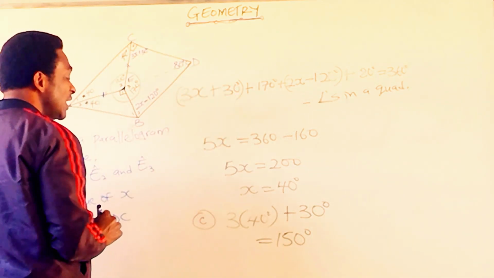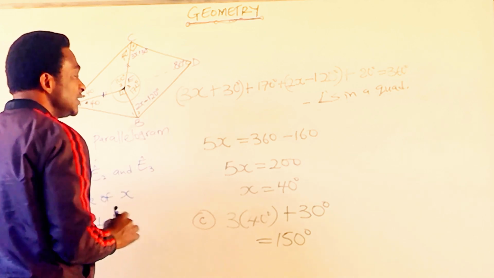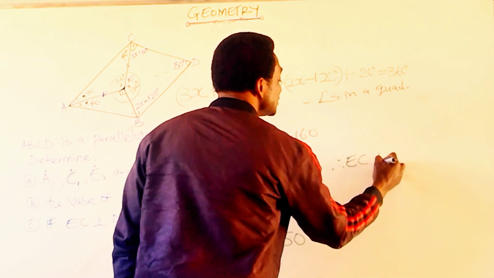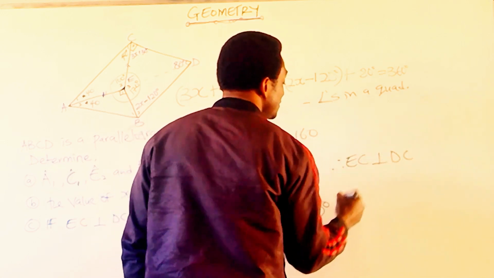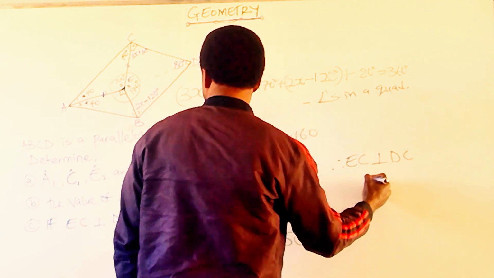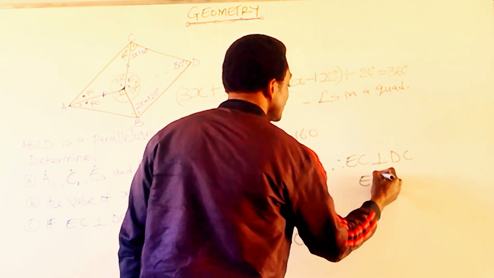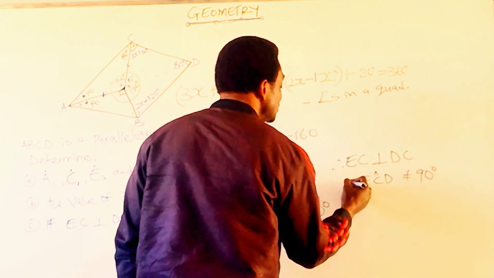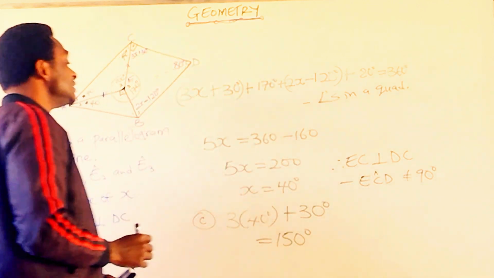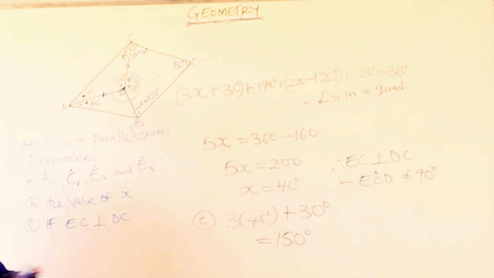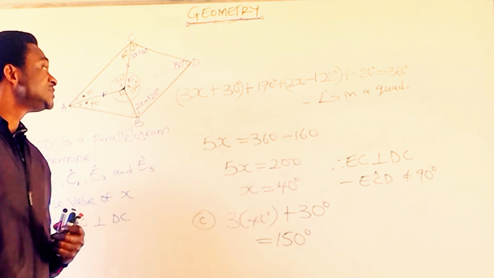If that angle is 150 degrees, authoritatively, we can say therefore, EC is not perpendicular to DC because angle ECD is not equal to 90 degrees, because it is only when they are 90 degrees that they will be perpendicular to each other. So this is how we have broken down this question.